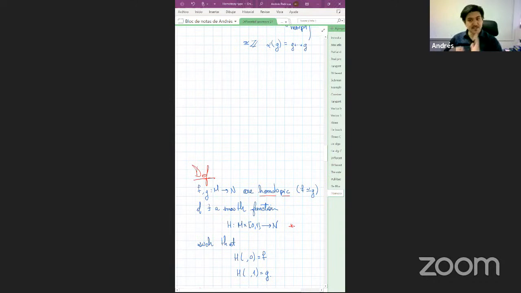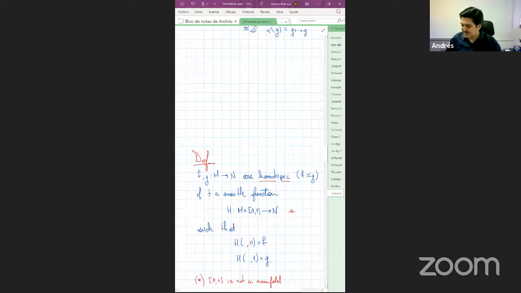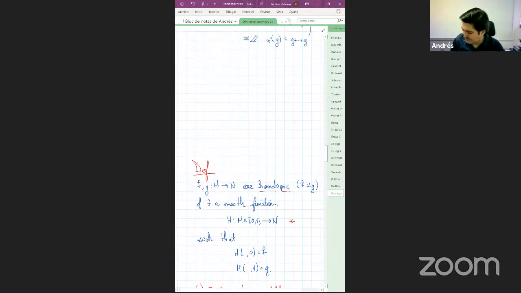This is the same definition as the one that you saw in topology. Two functions are said to be homotopic, in a naive way, if they are in the same path-connected component, if there is a path from one to the other. That's basically what I'm writing down here.